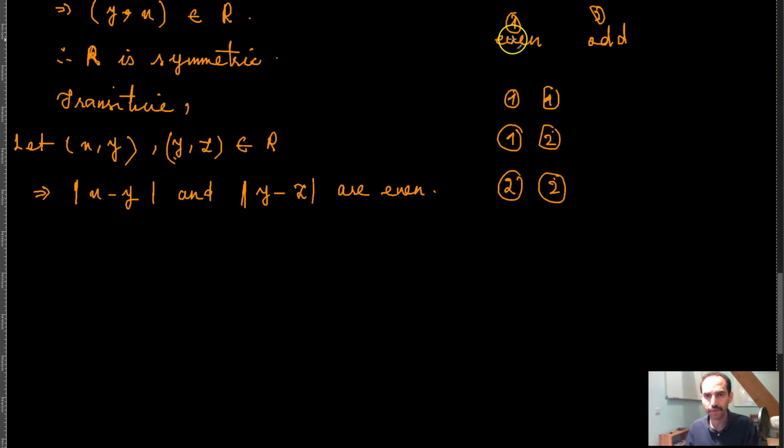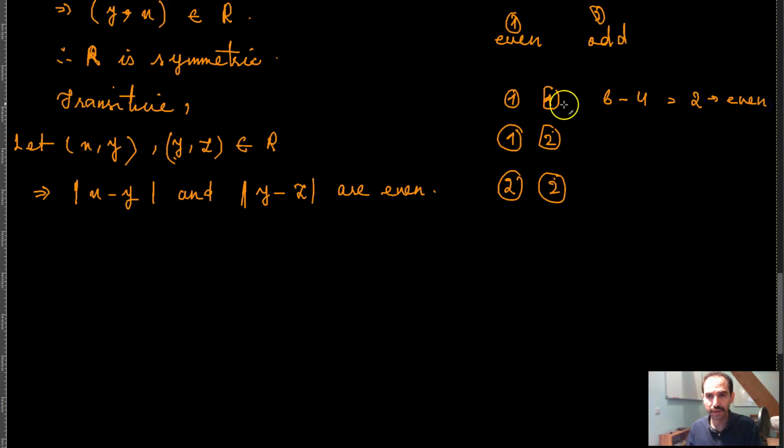So 1 with 1 would be two even numbers, 1 with 2 would be an odd number and an even number, and 2 with 2 would be two odd numbers. Let's subtract two even numbers. For example, 6 minus 4 gives 2, an even number.